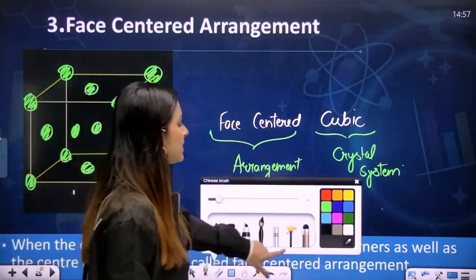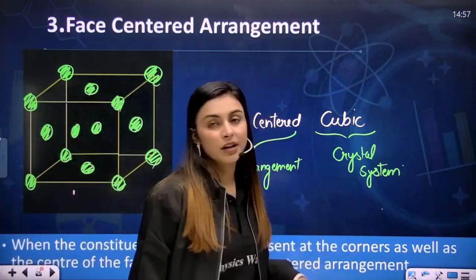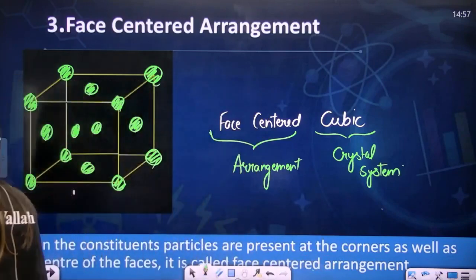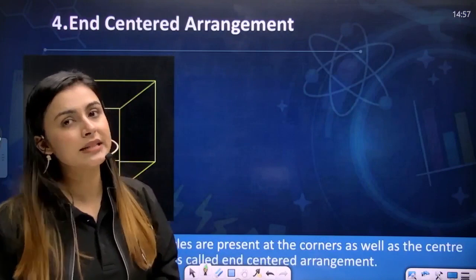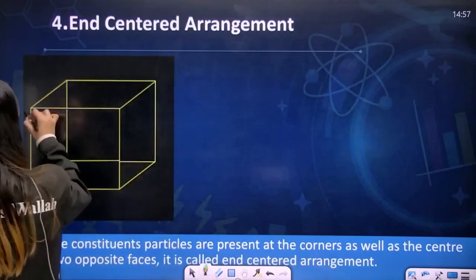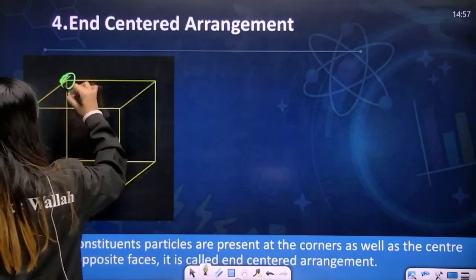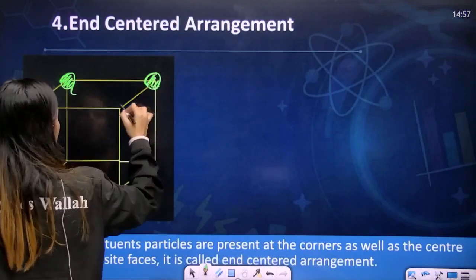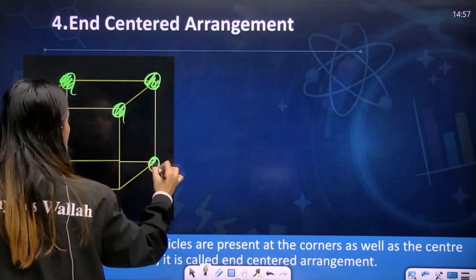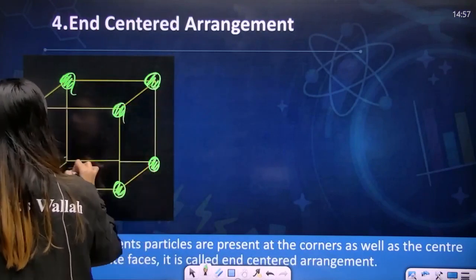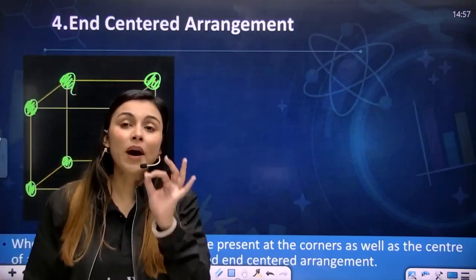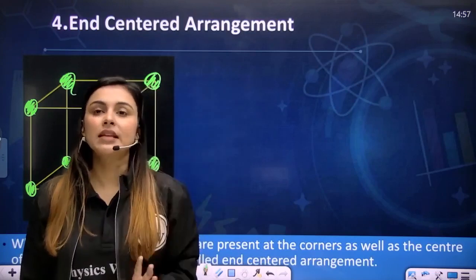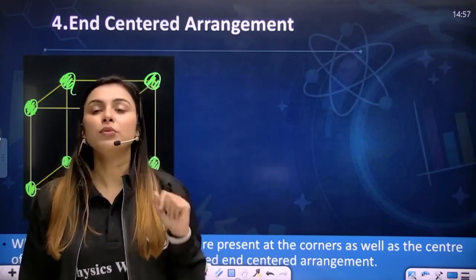Okay, let's discuss the last type of arrangement, and that last type of arrangement is end-centered arrangement. What happens in an end-centered arrangement is you have atoms present at the corners. And you have atoms present at any one pair of opposite faces.